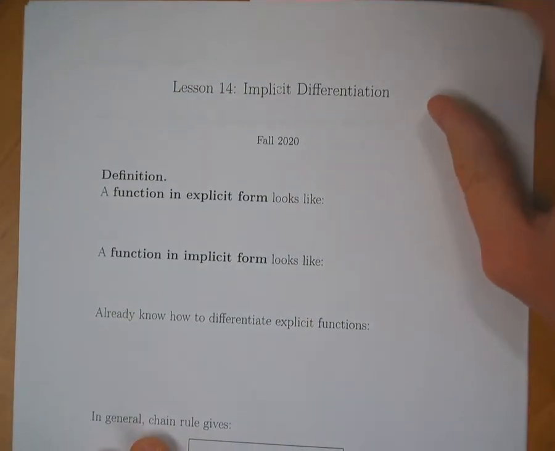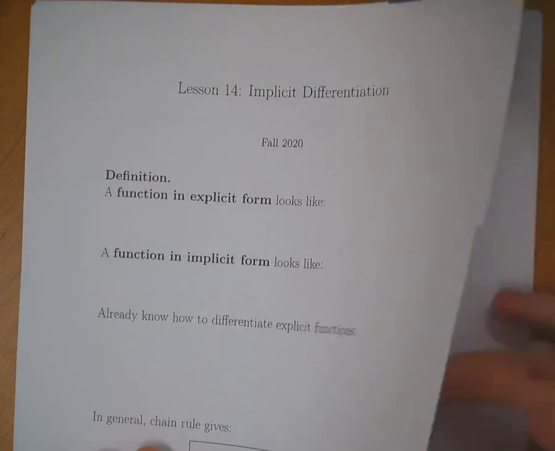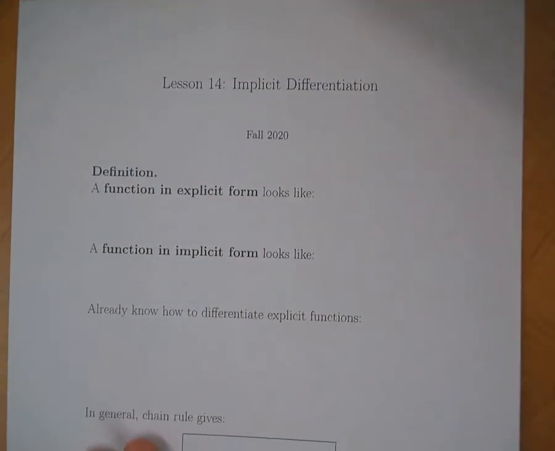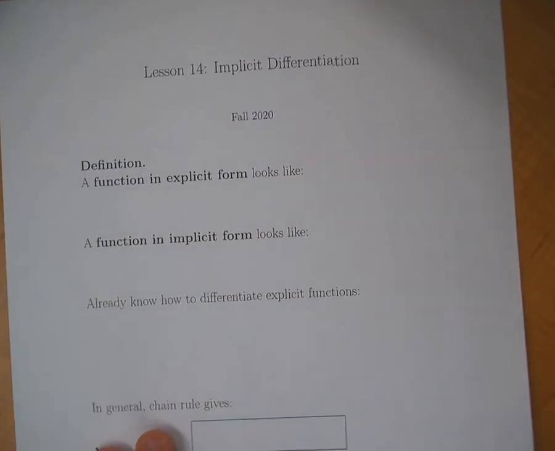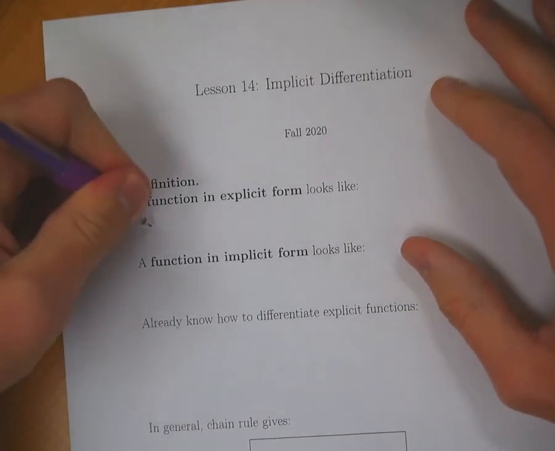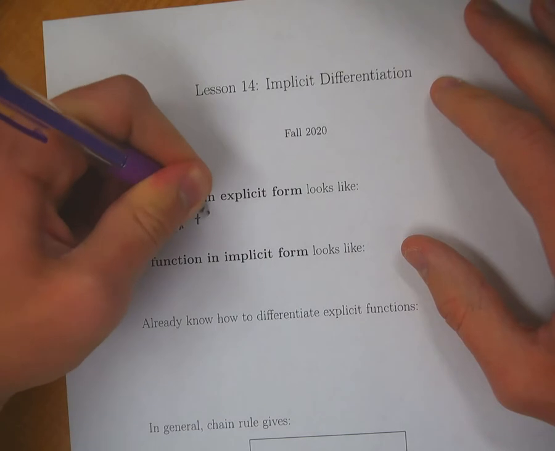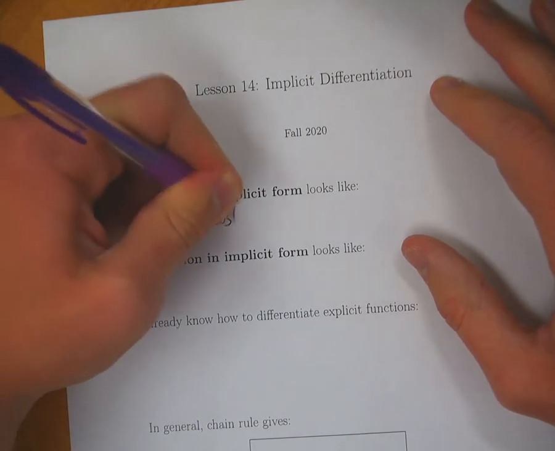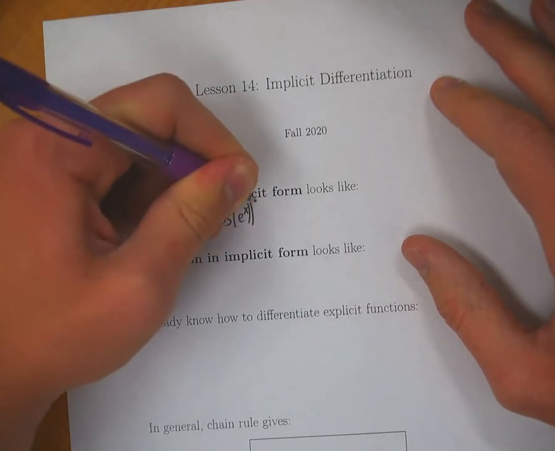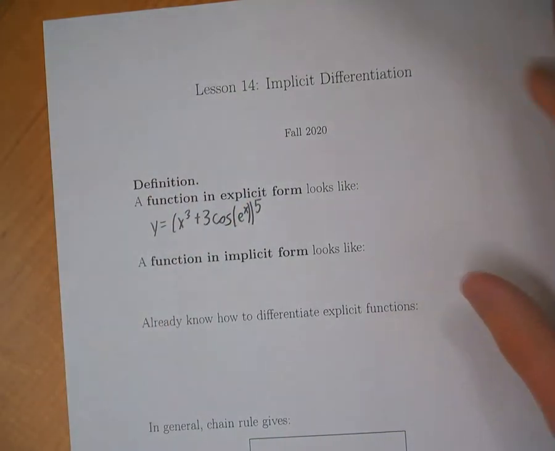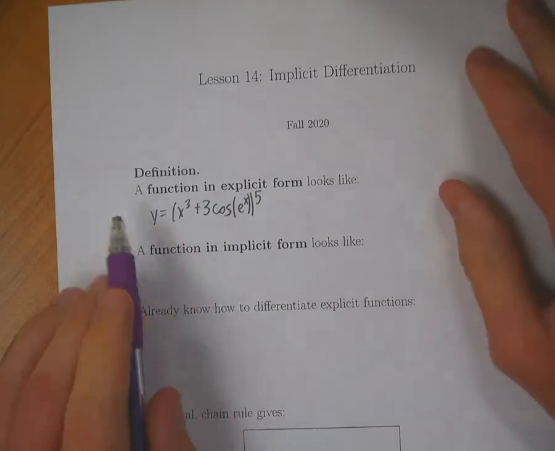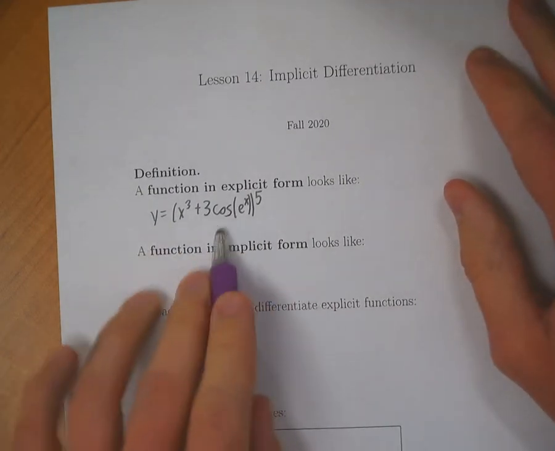So a function in explicit form is something we've already seen before quite a bit in this class. So I'll just briefly give you an example of what that is. We have y equals x cubed plus 3 cosine of e to the x, quantity to the 5th. So basically, it's just some random function that has y by itself, and then x does whatever it does here.